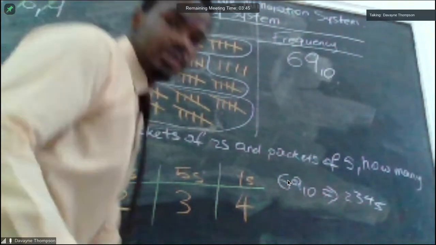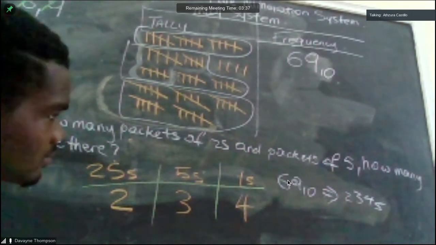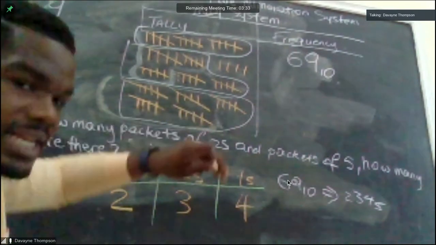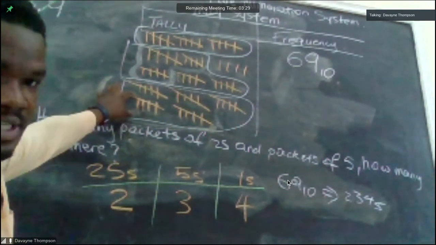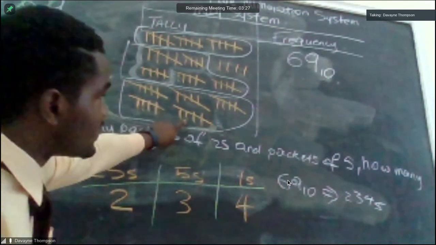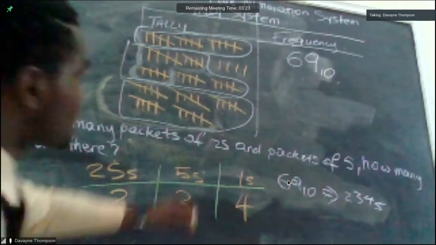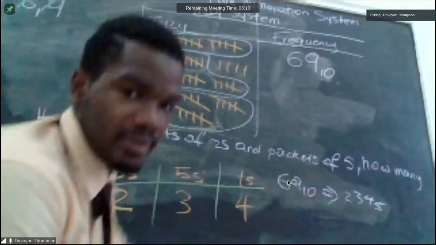Any questions? With the frequency, how did you get that again? We counted the amount of individual ones there were. So if there were 5 in this section, we said 5 plus 5, 10. And continue to count every single one until we get to 65, then 66, 67, 68, 69.